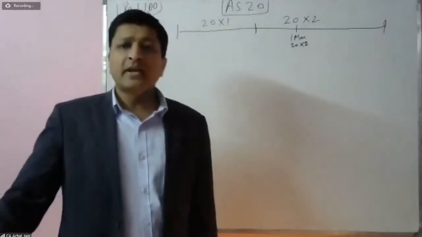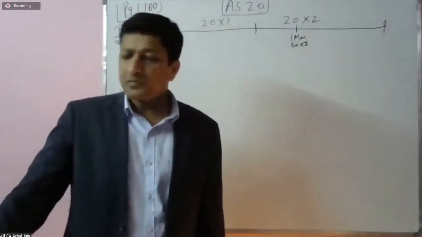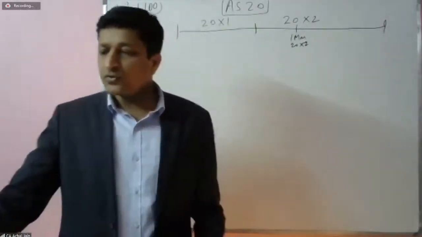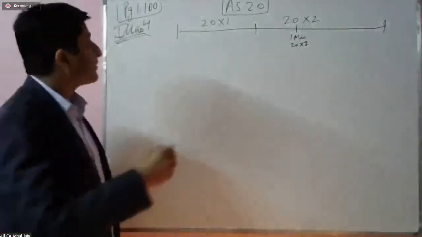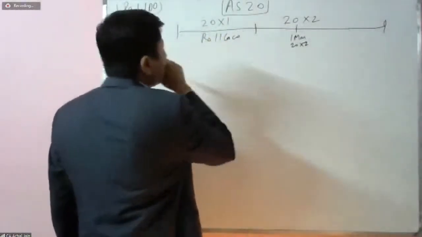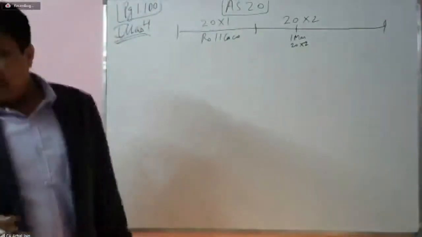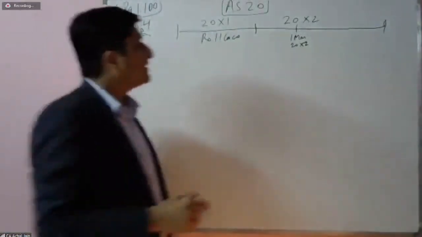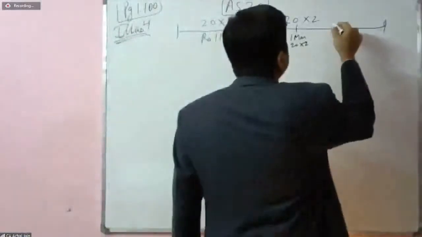You are required to calculate basic earning per share. I think this is quite easy. Can you start solving this on your own? So net profit in this year was 11 lakhs and in the next year it was 15 lakhs.